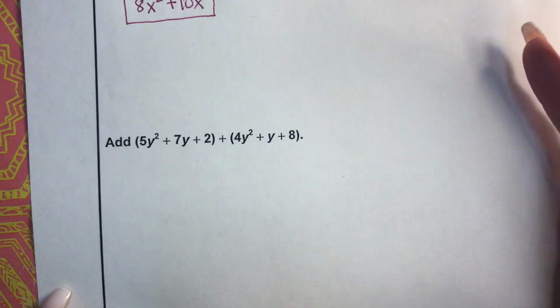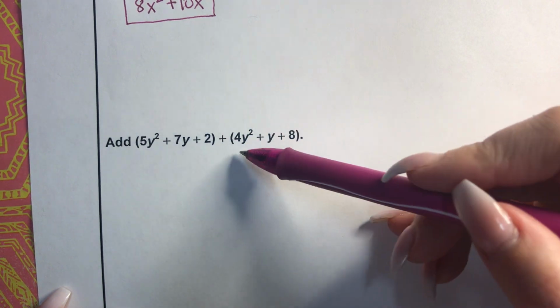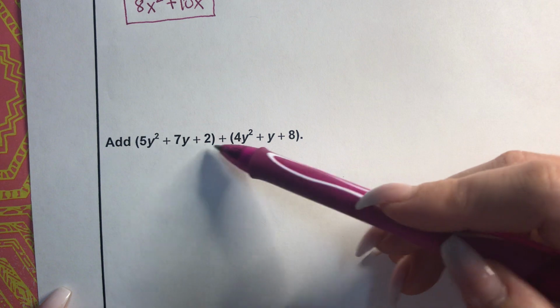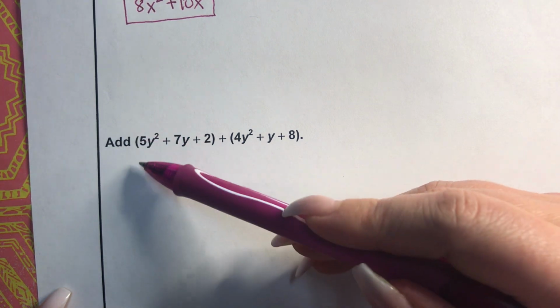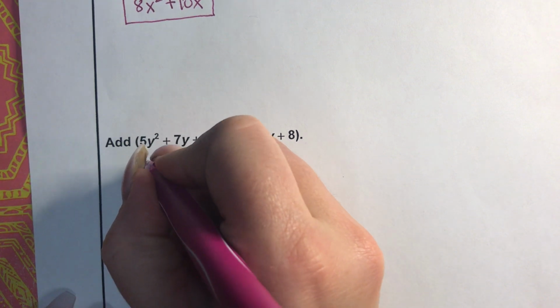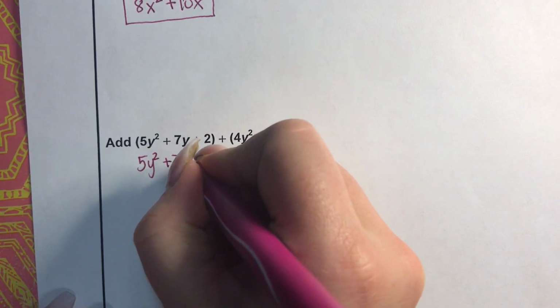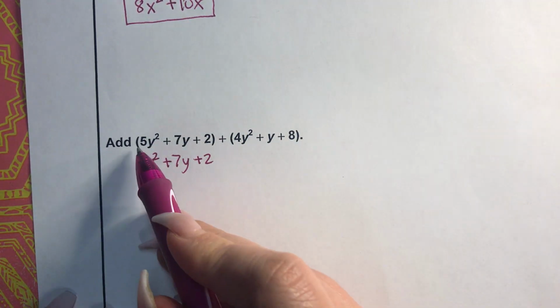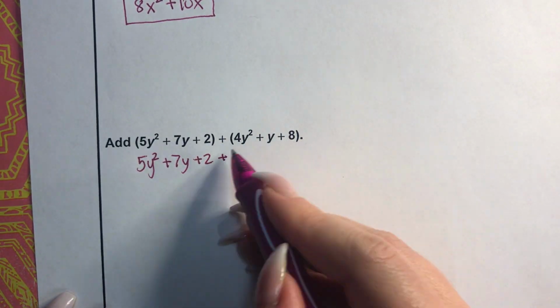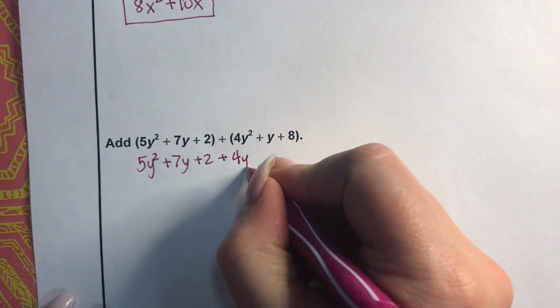But 1 times anything is just anything. So whenever you see this positive sign, you can just drop the parentheses. And here there's parentheses, but there's no number in front, so you can just drop the parentheses as well. So what we end up with is 5y squared plus 7y plus 2, like these parentheses are really unneeded, plus these parentheses are really unneeded, so I can just rewrite everything.